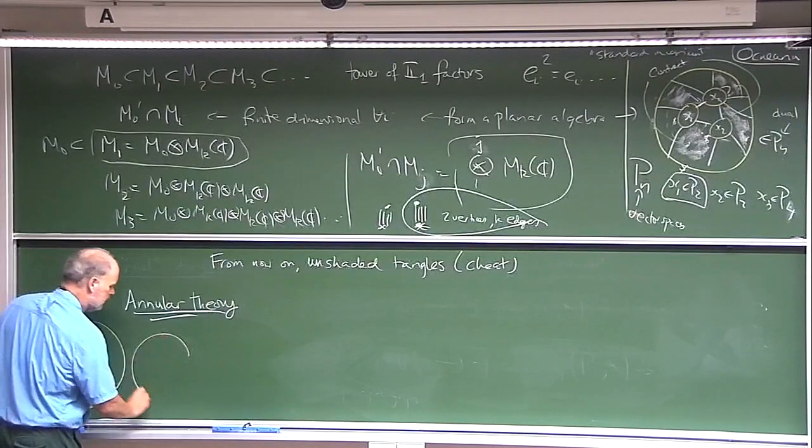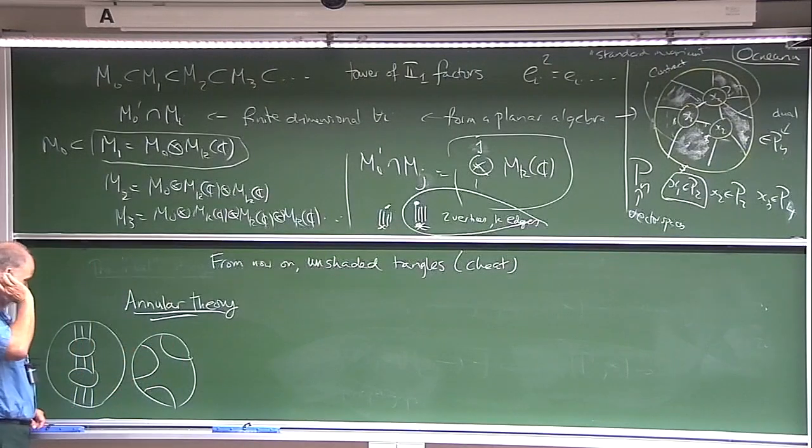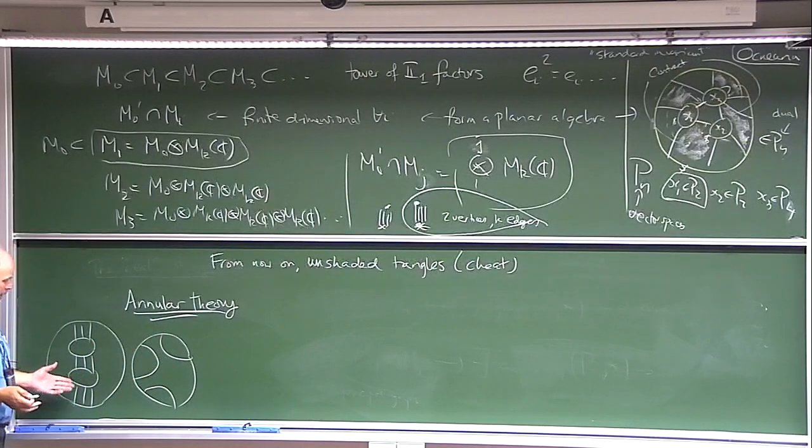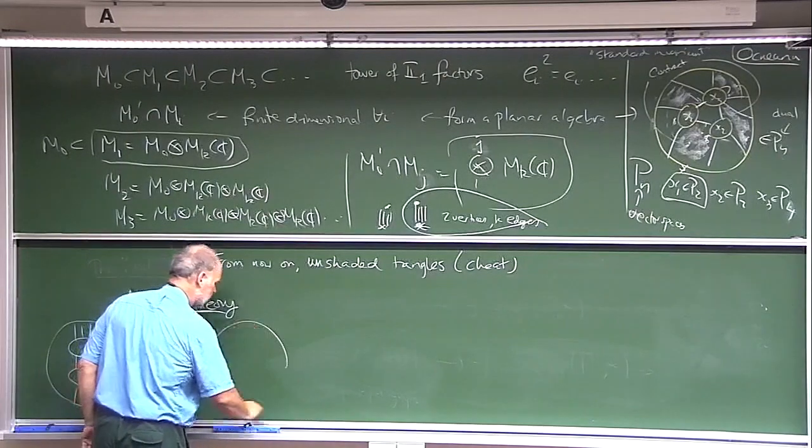You also have these tangles with no inputs. So there's something intermediate between the no input tangles, this is your Temperley-Lieb story, and two input tangles, and that's one input tangle.